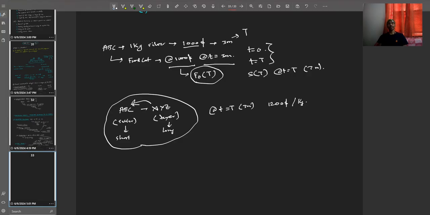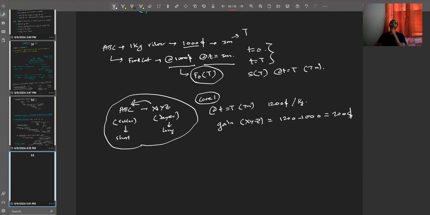In this case, which is case 1, the gain to the buyer, that is XYZ, is equal to 1200 minus 1000, which is $200. Why? Because from the market, if he had to buy, he would have had to buy it at 1200.